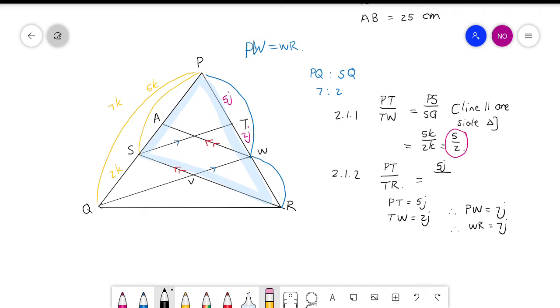It's not 7, it's 9. Hoe het ek dit gekry? Want ek weet, hierdie ene is gelyk aan 7J en daai ene is gelyk aan 7J. So hierdie stukkie saam moet gelyk wees aan 9J.